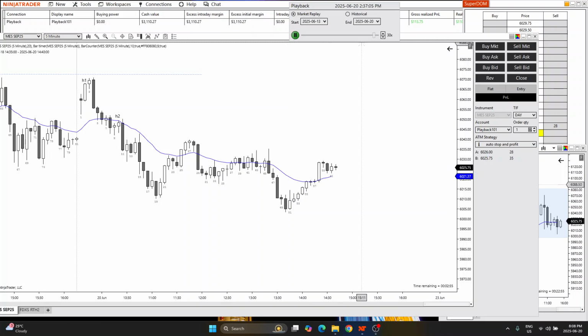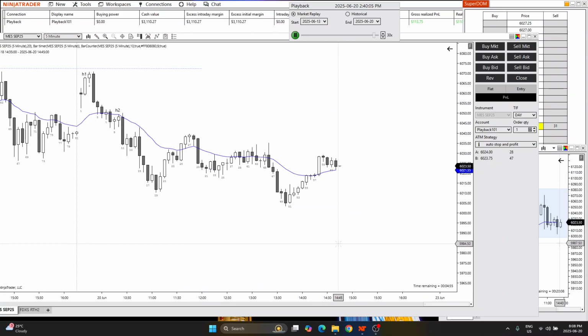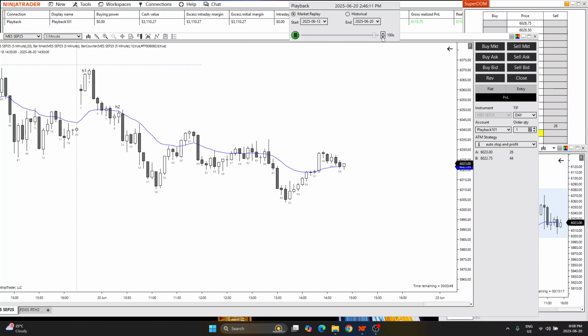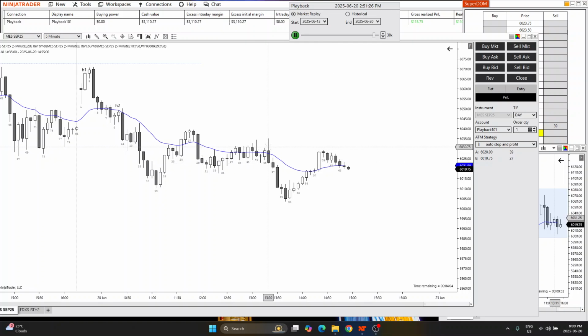Let's see, I think I'm done for the day. The market will close in 1 hour or so. Few more bars to go, let's fast forward it. This can be a double top bear flag as well, a bear flag and then creating a double top.